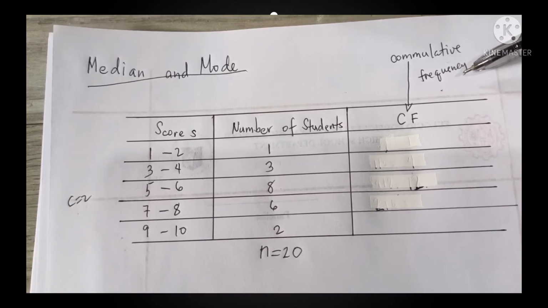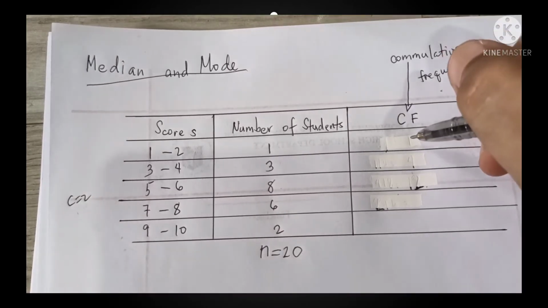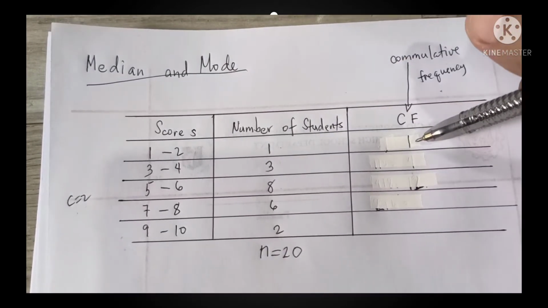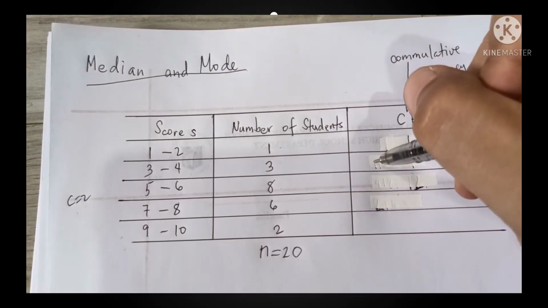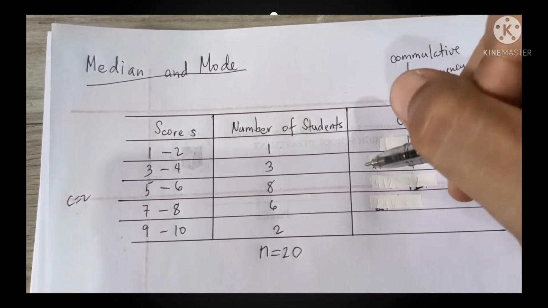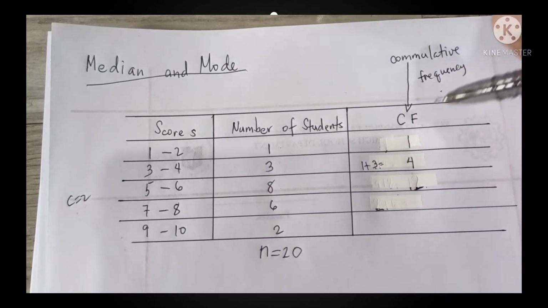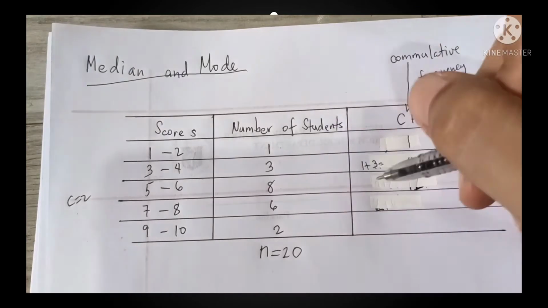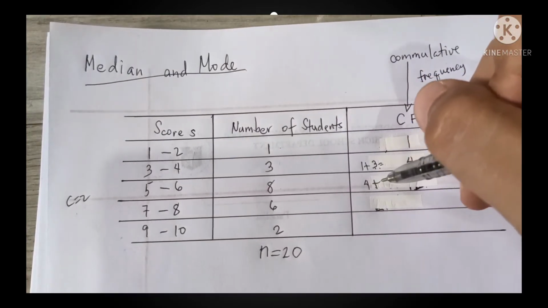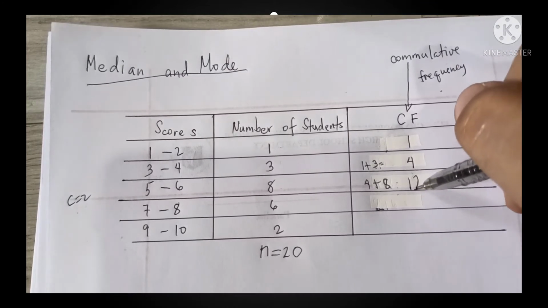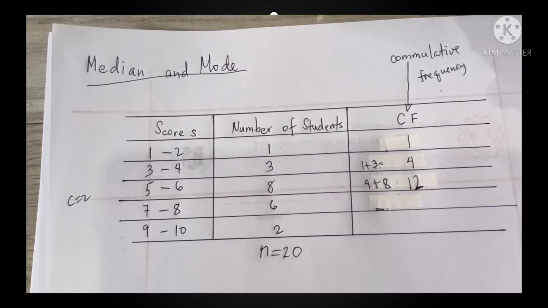We're just going to add the numbers of the total number of students. The first one is 1, so we just copy 1 here. Then 1 plus 3 is 4. Then 4 plus 8 is 12.